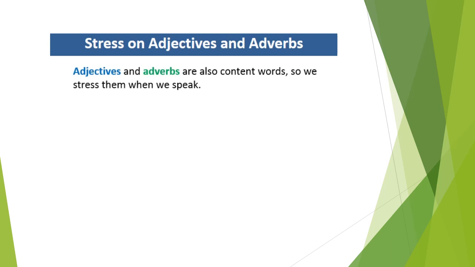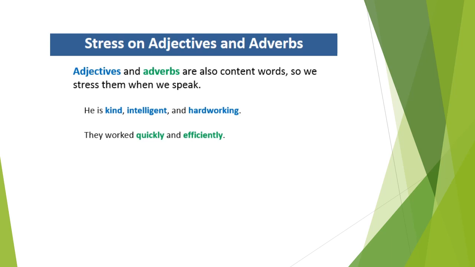Stress on adjectives and adverbs. Adjectives and adverbs are also content words, so we stress them when we speak. He is kind, intelligent, and hardworking. They worked quickly and efficiently. We often use conjunctions like and, but, and or to connect adjectives and adverbs.